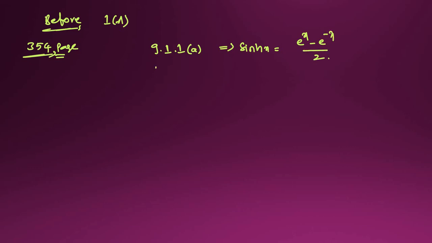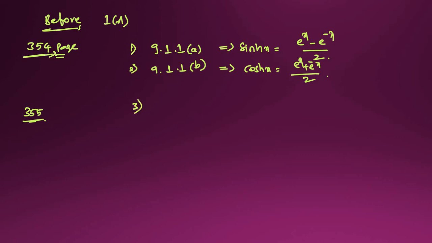In 9.1.1 b, cosh x is given. Cosh x is equal to e power of x plus e power of minus x divided by 2. Then go through page number 355. The third one is tanh x.